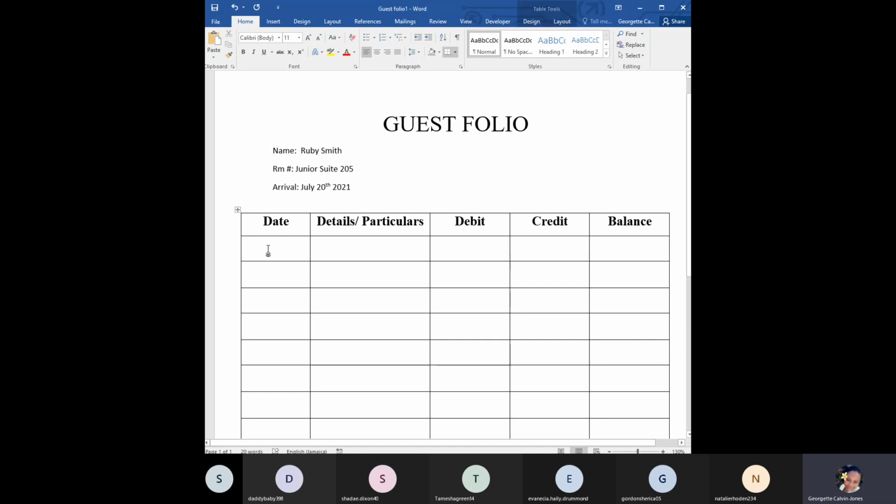All right, so what's the first thing we insert in the table part of the folio? What's the first information you have? Something about July 15, I'm not sure. Right, so that's the first thing that you have, Emily. You have the date, July 15, and what you have on the details.